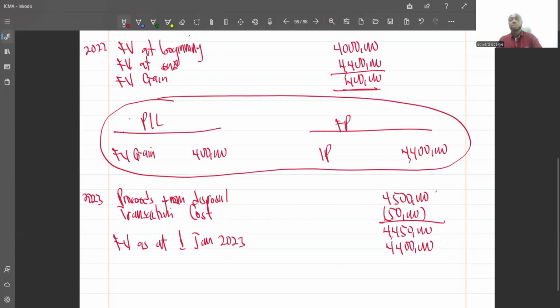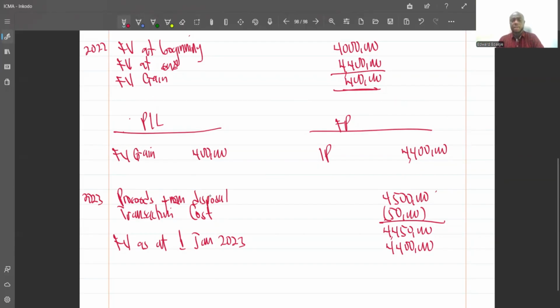So it should tell you that our P or L and financial position, we will have to do something about it. But they are asking for our disposal gain or loss. So our disposal gain is going to be the difference between these two.